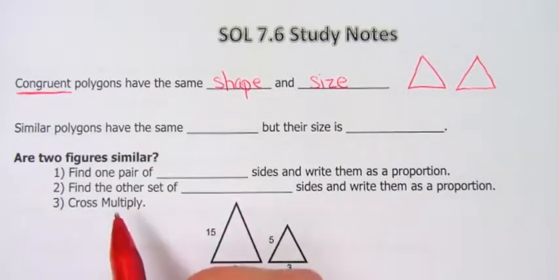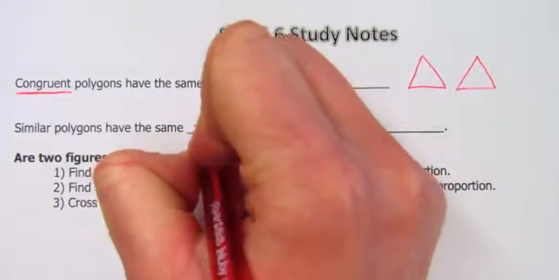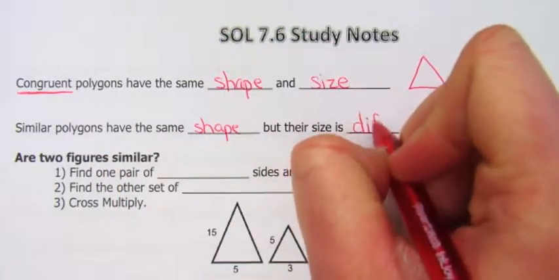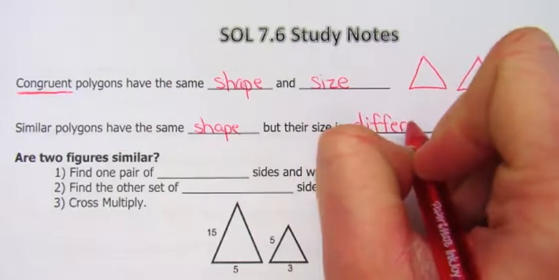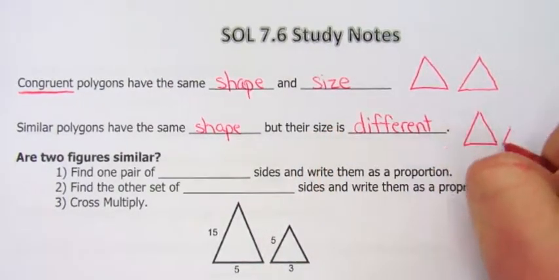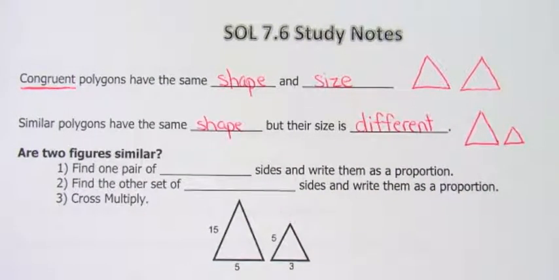Whereas similar polygons, or similar shapes, have the same shape but their size is different. This would be like if I had one large triangle and then one that looked exactly the same, it was just smaller.